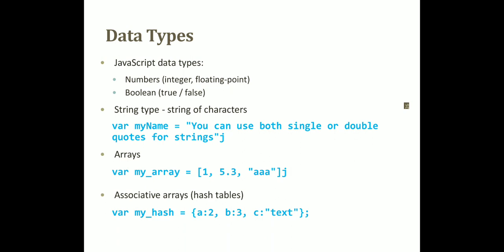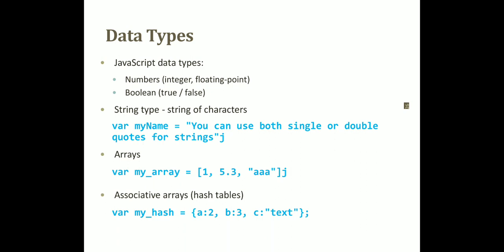How to define it: here we have created a variable my name equals to, and you can use both single or double quotes for strings. You can use any quote for declaring the strings of characters as data types in JavaScript.